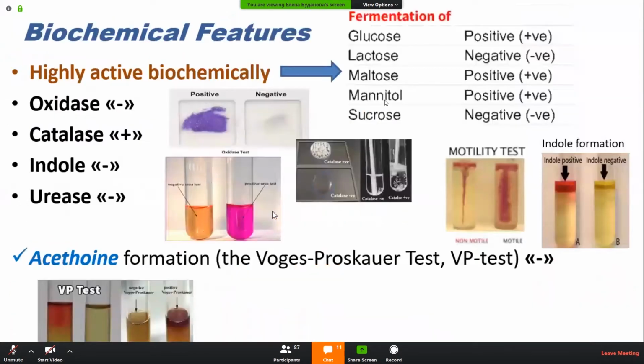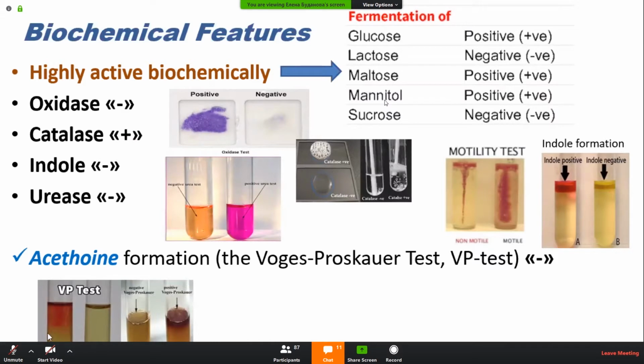They're active biochemically. Oxidase negative, catalase positive, which is typical to all the members of this family. They are indole negative, urease negative, can split glucose as other members of this family with acid and gas formation. Lactose negative, I mentioned it already.